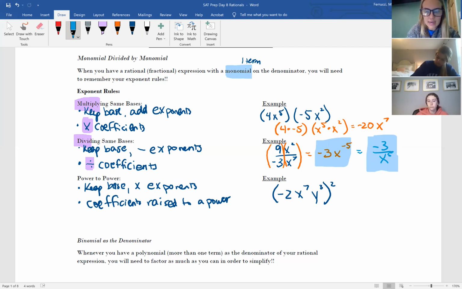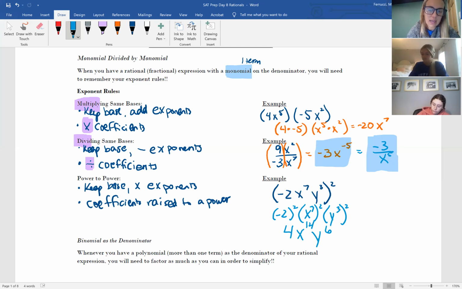So how you can look at it is that all of these separate components of this term get a power. So you do negative 2 squared, which is 4, x to the 7th squared, which is x to the 14, and y to the 3rd squared is y to the 6th.